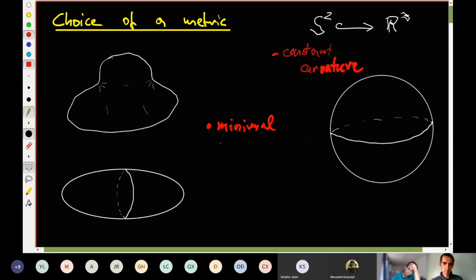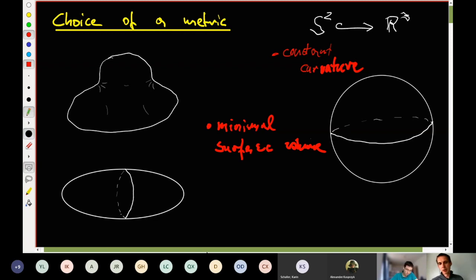So we get a minimal surface volume here. And in the way I've written it, it doesn't really make sense, because obviously I can always shrink the size of my embedding. So I'm shrinking the radius of my sphere and make the surface volume arbitrarily small.